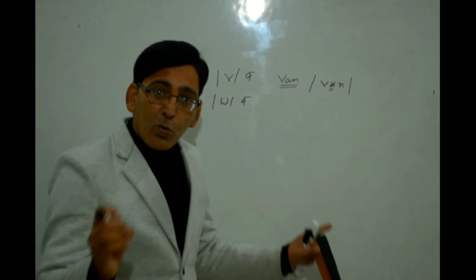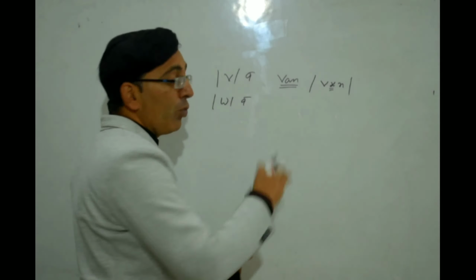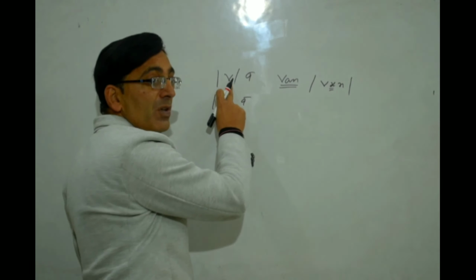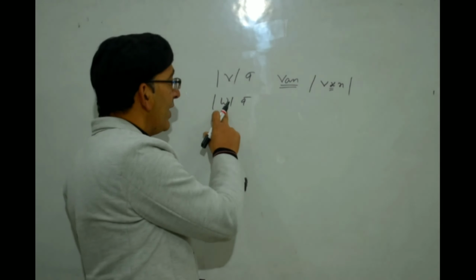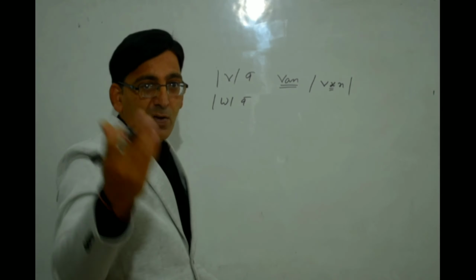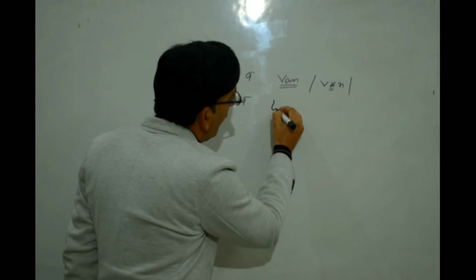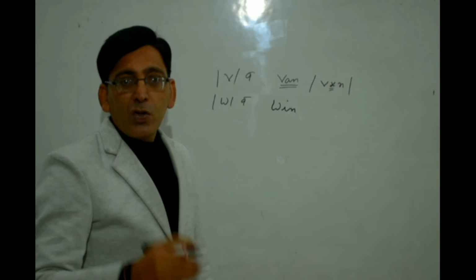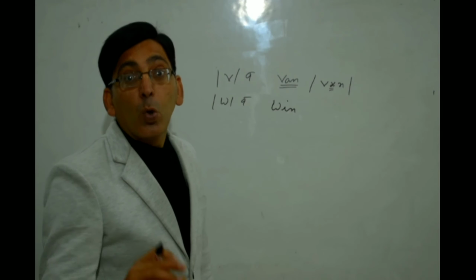So what's the rule? The rule is very simple: if you find v and there is the sound of v, then we will use this v. Otherwise we always use this w. Just let me give you an example. For example, win. How do you pronounce this word? This word is win.